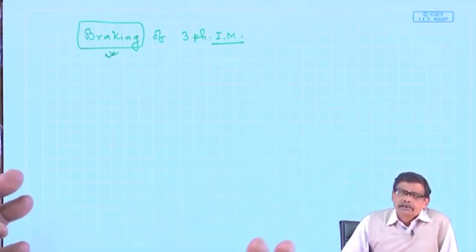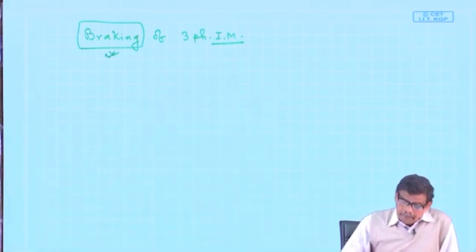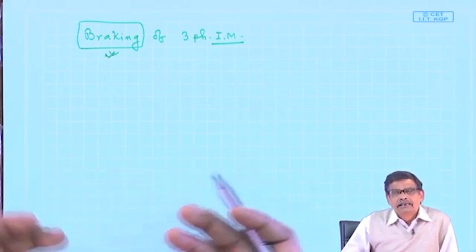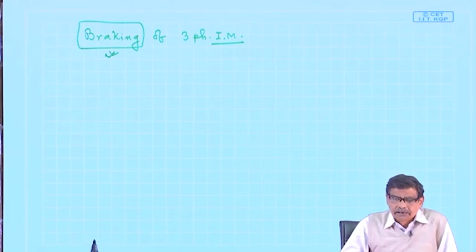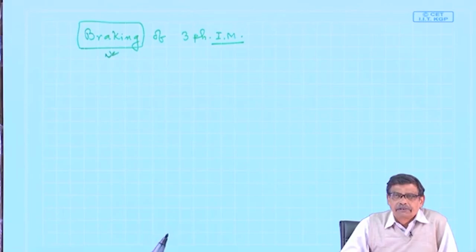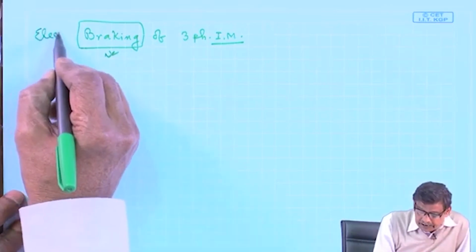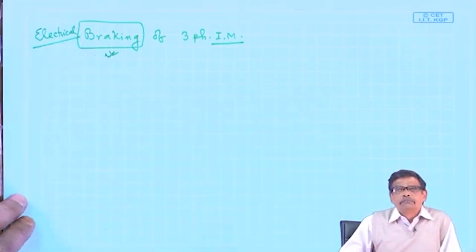Okay, you can use a mechanical brake, but once again a maintenance problem will be there, and you cannot control the braking torque. By electrical braking of a motor we understand how it can be braked electrically.